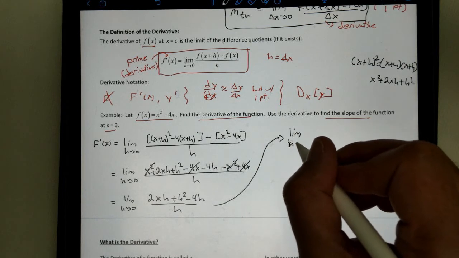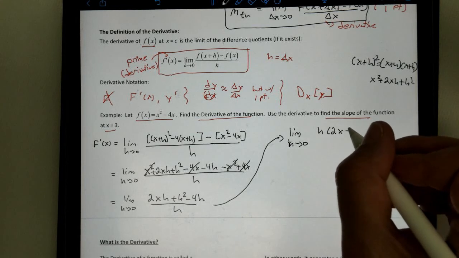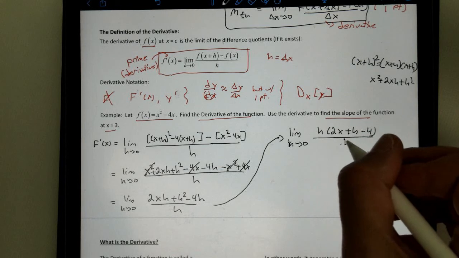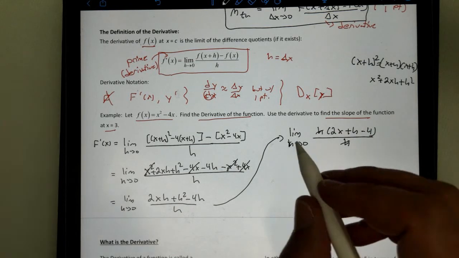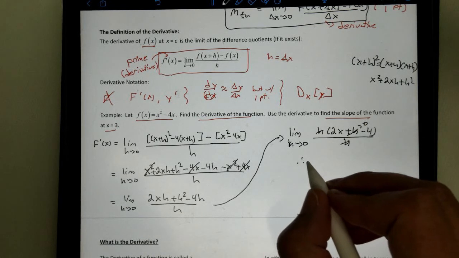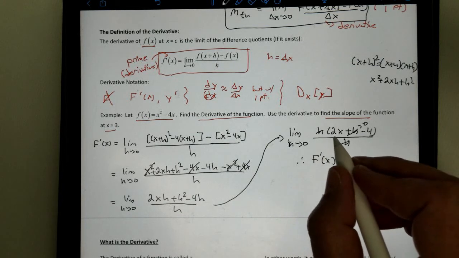And we get the following. As h goes to 0, h times 2x plus h minus 4 over h. And those h's cancel. And if you're really good at the algebra, and you are, if I let h go to 0, this becomes 0, and we're left with our derivative. What's left? F prime of x is 2x minus 4.